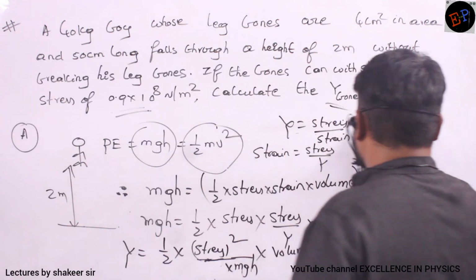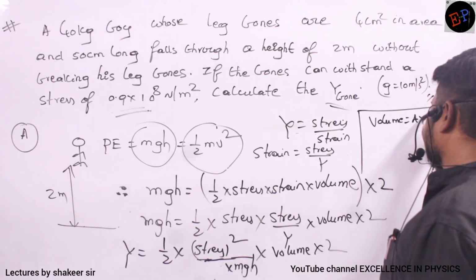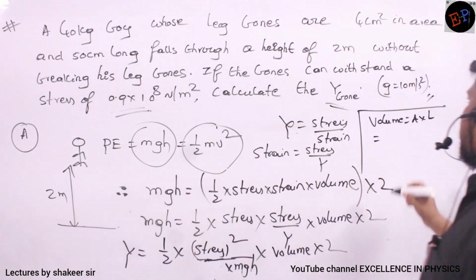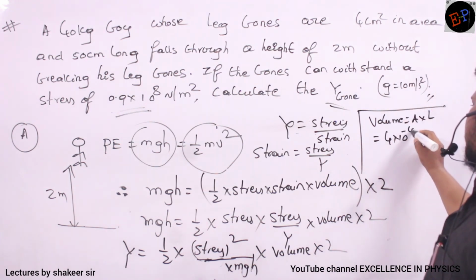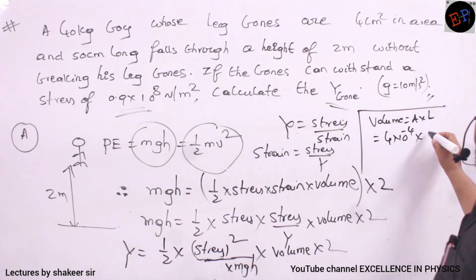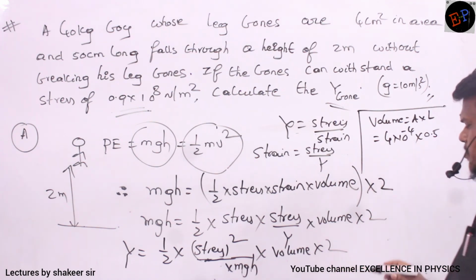Clear now? So therefore here volume of the bone is how much? Area of cross section multiplied by length. Area of cross section is 4 centimeter square, so 4 into 10 power minus 4, multiplied by length 50 centimeter or 0.5 meters. So substitute these values here.